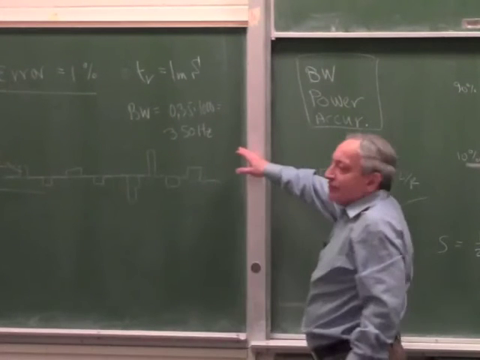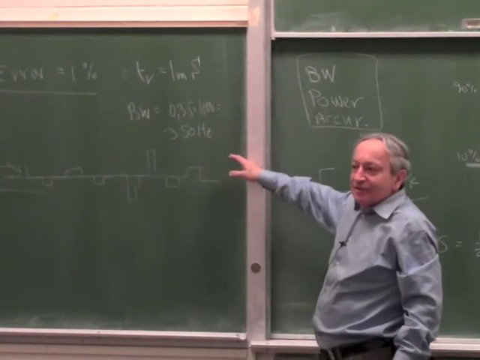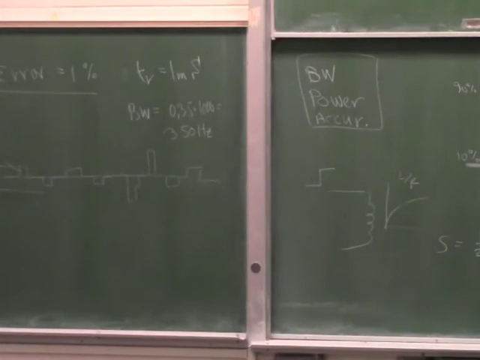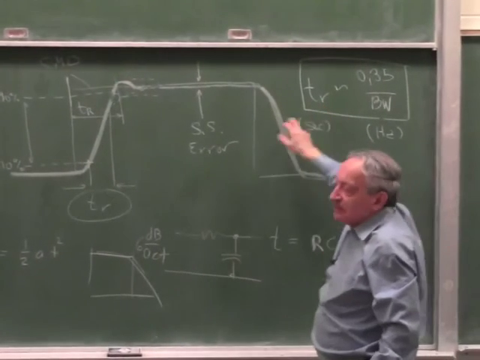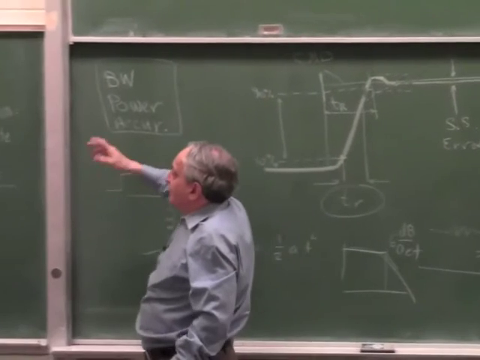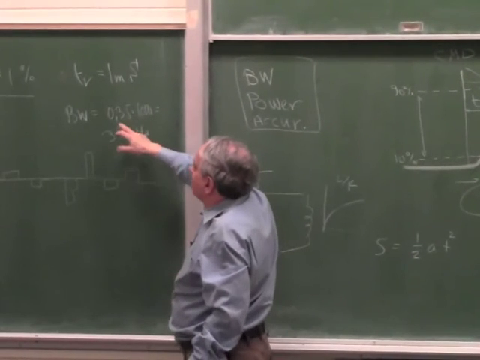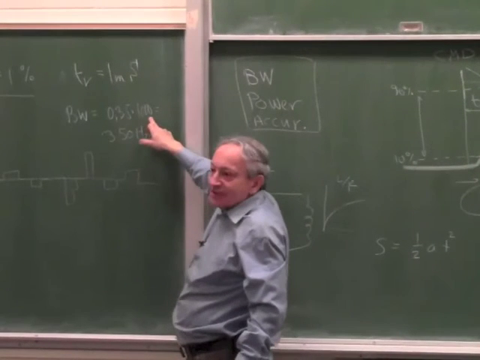Is that clear to everybody how I arrived at the bandwidth? I just used this formula, I just reversed it. Bandwidth is 0.35 divided by TR. And dividing by a millisecond is like multiplying by 1000.